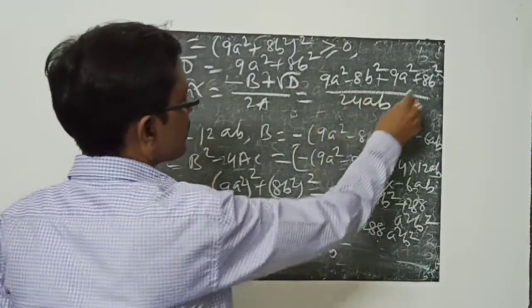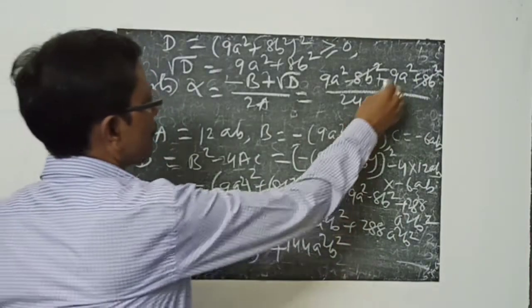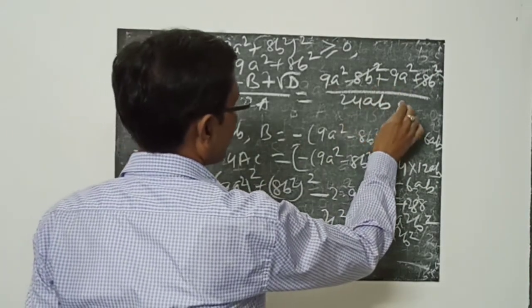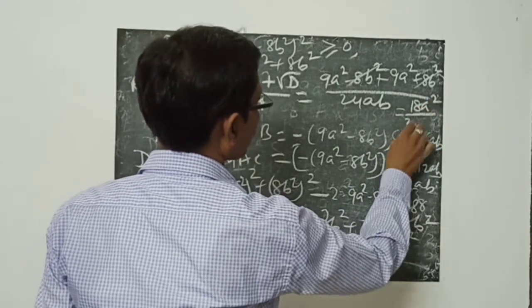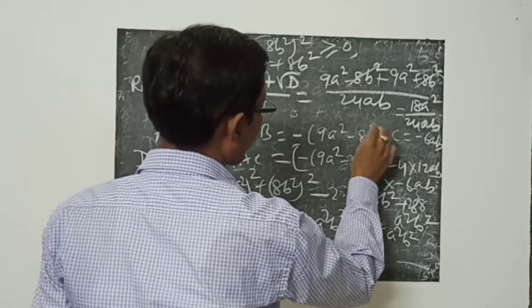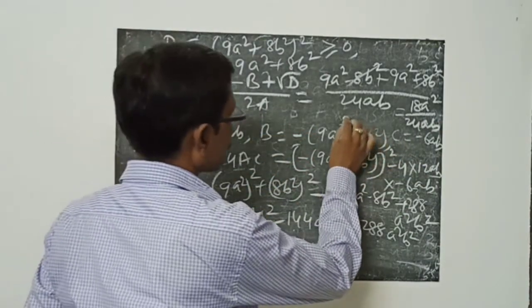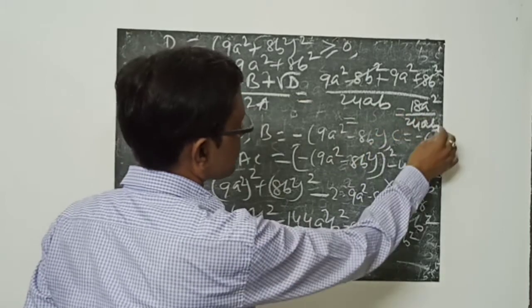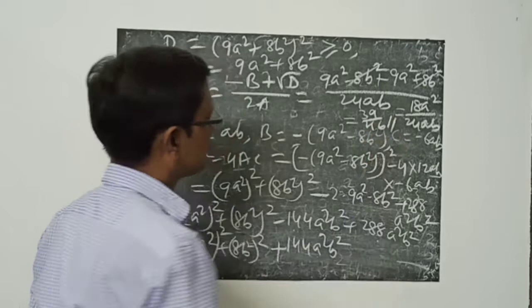So ultimately 8b square will be cancelled. 18a square by 24ab is coming to you. It will be cancelled by 6. So what you will get? It will be 3 and a cancels, so 3a by 4b.